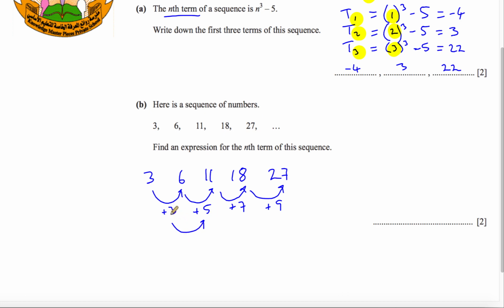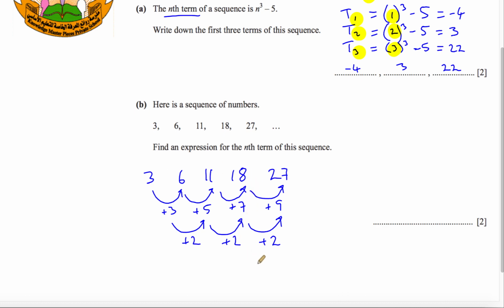So if we have a look here, from 3 to 5, that's a jump of 2. From 5 to 7, that's a jump of 2. And from 7 to 9 is also a jump of 2. So this is the first difference here, this is the second difference. If the second difference is constant, it's the same value, whatever that value is, well then this original sequence here is a quadratic sequence.